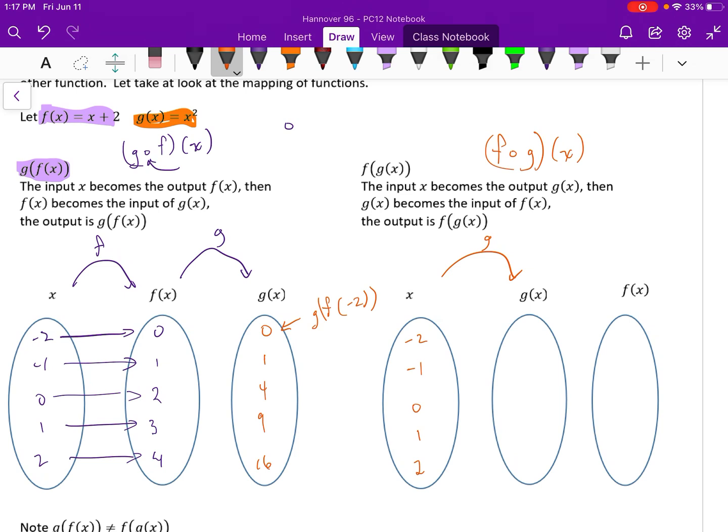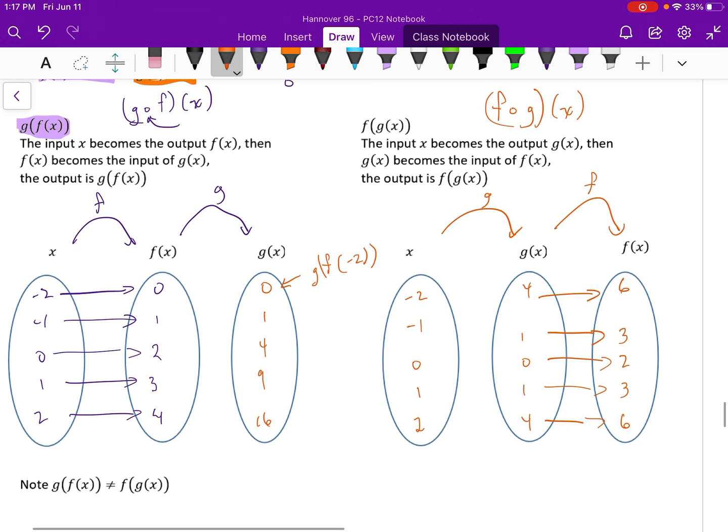It just simply takes all my inputs and squares them. And then if I take these g of x's and input them into my function f, they are just going to add 2 to my inputs. And there we have it.